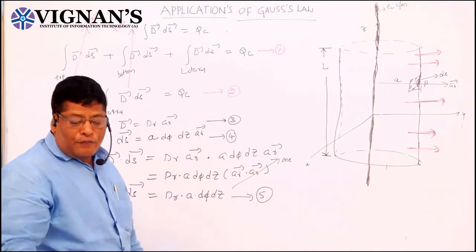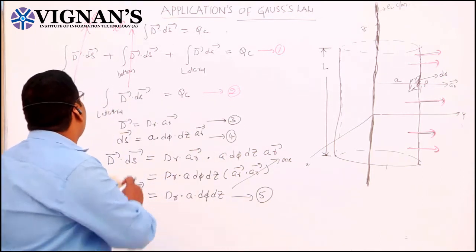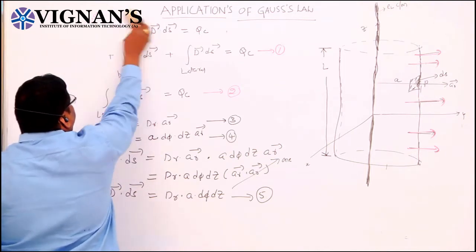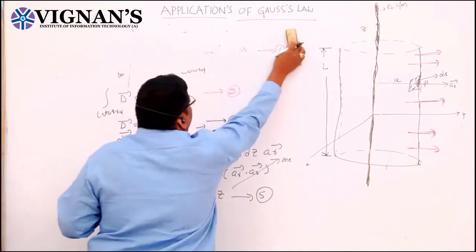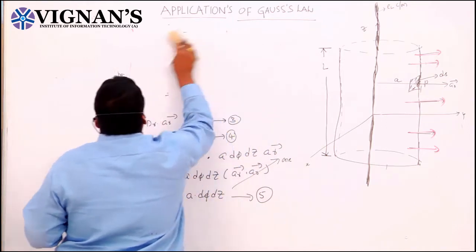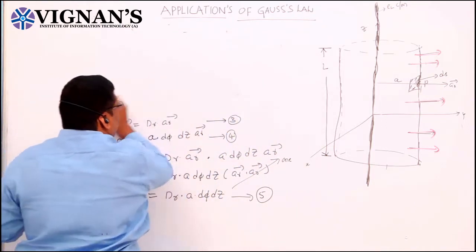Now we want to find out how much total flux is leaving. We have to integrate expression 5 throughout the lateral surface.